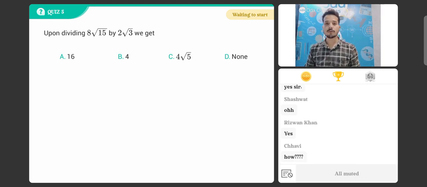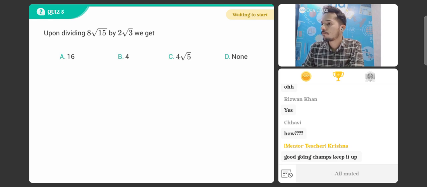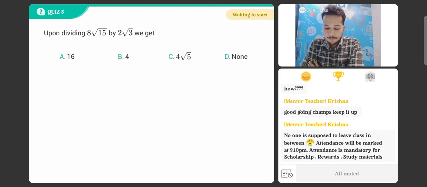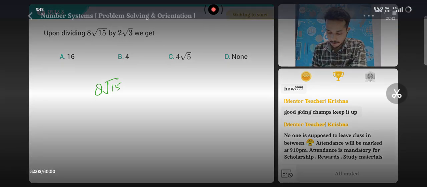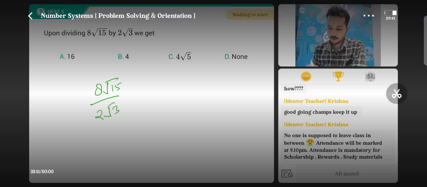I have muted all of you so that you can focus only on the question. Upon dividing 8 root 15 by 2 root 3, what are we going to get?